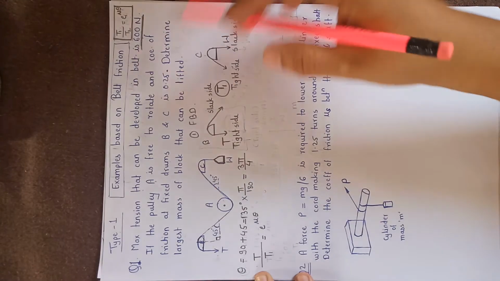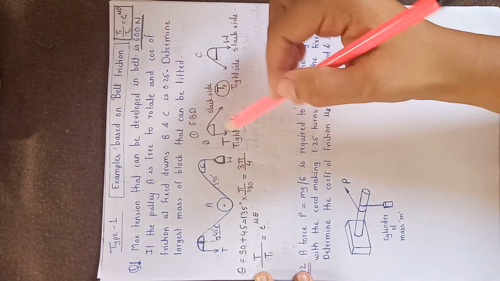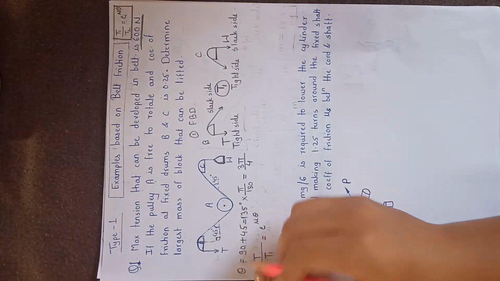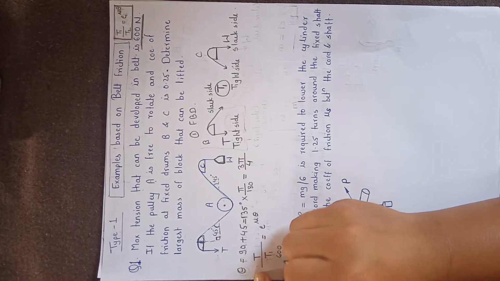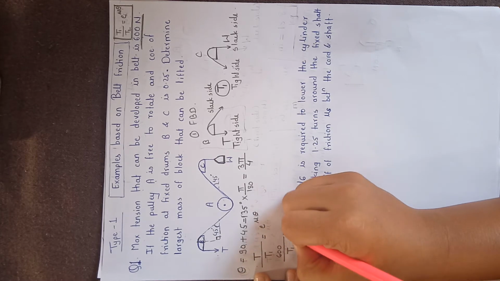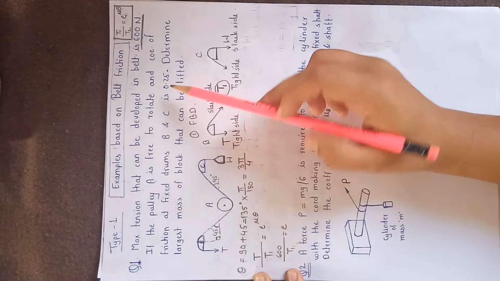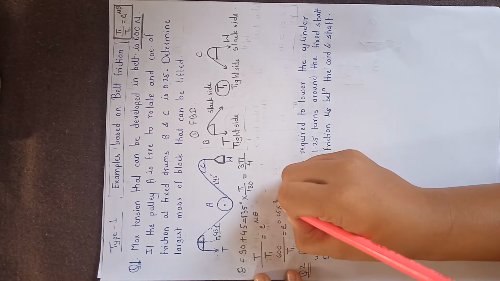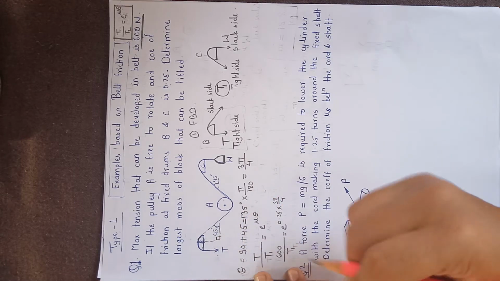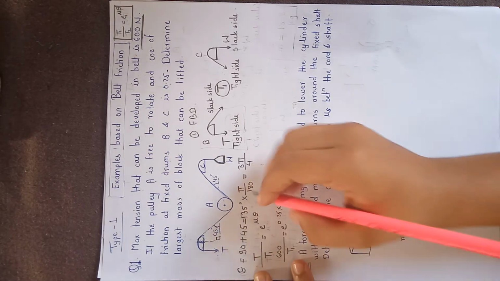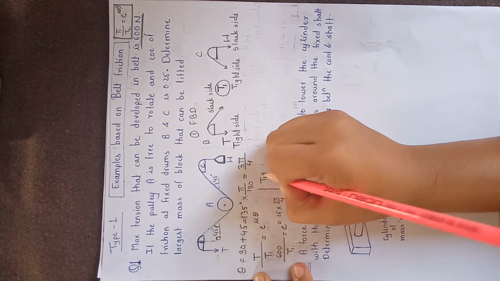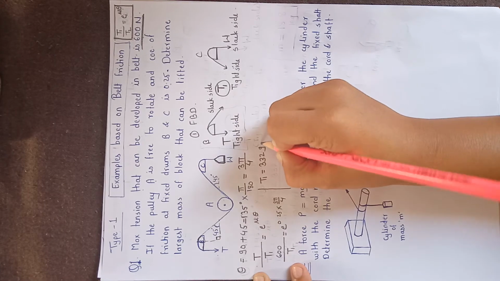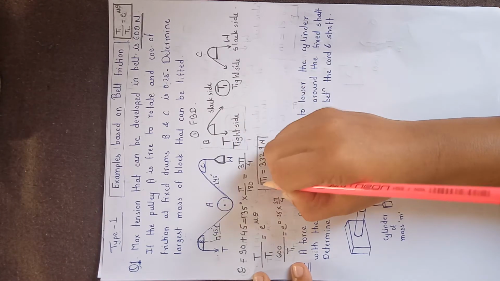So in the whole system, this is the tight side, so we will consider T as 600 Newton. So 600 divided by T1 is equal to e raised to mu, mu is given as 0.25, into 3 pi by 4. Here unknown is T1, and we'll get T1 as 332.9 Newton.